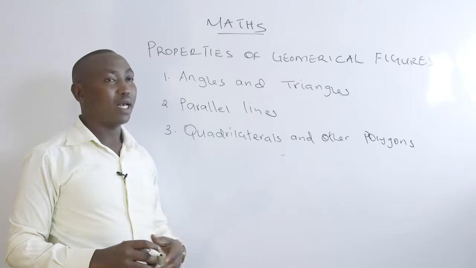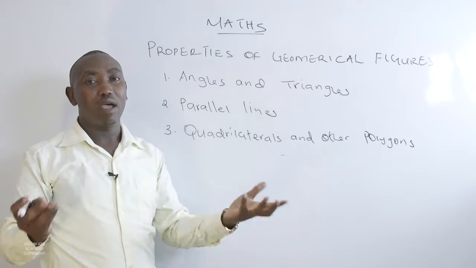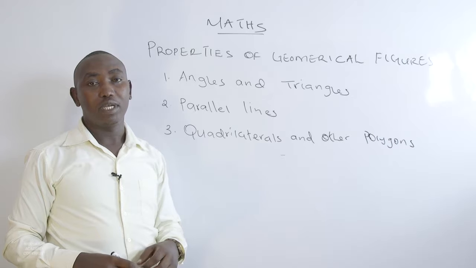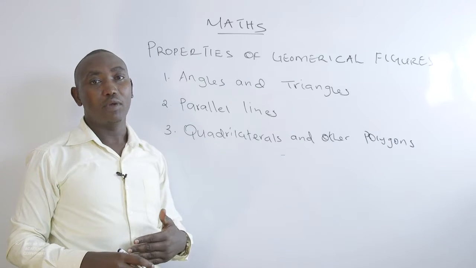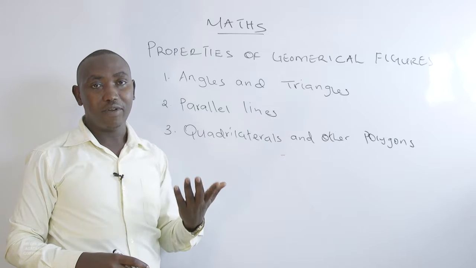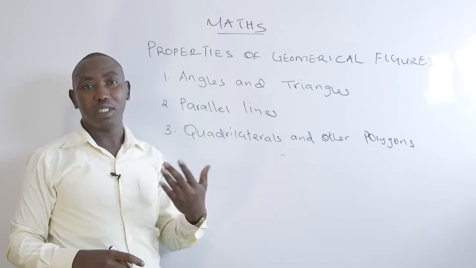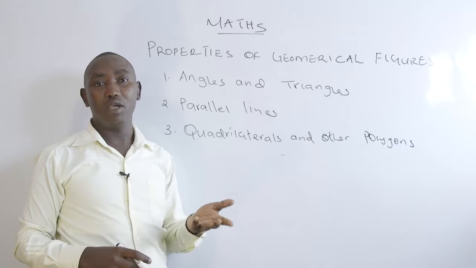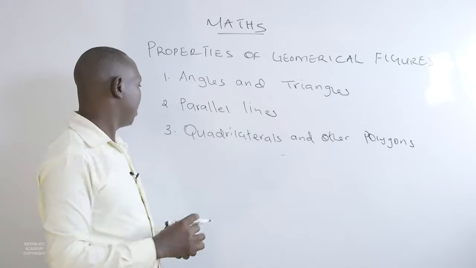So these are four-sided figures, and we shall also be looking at other polygons which have more than four sides. Like a five-sided polygon, that is a pentagon. A six-sided polygon is a hexagon, and so forth.